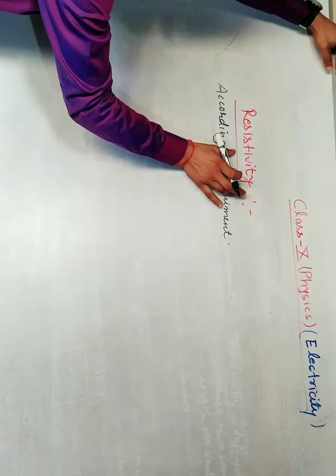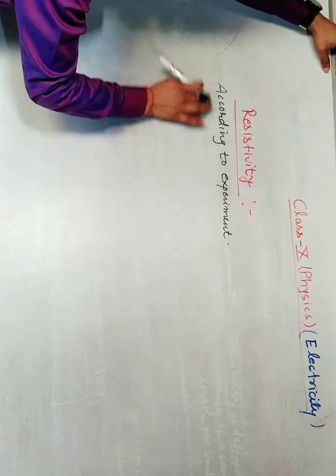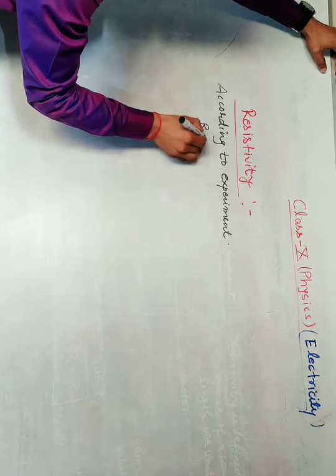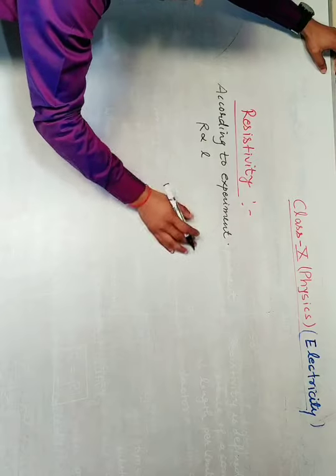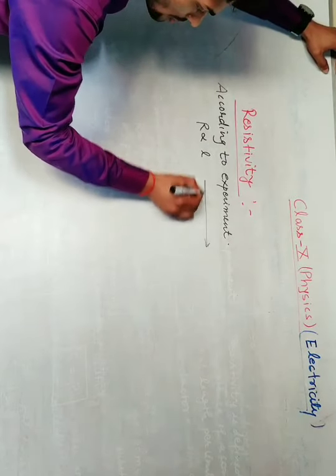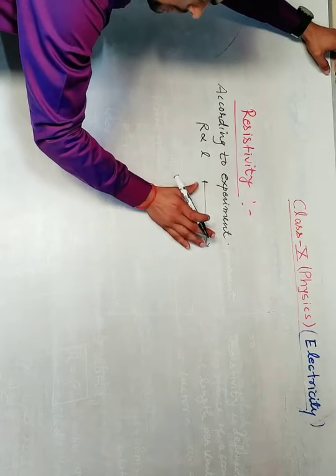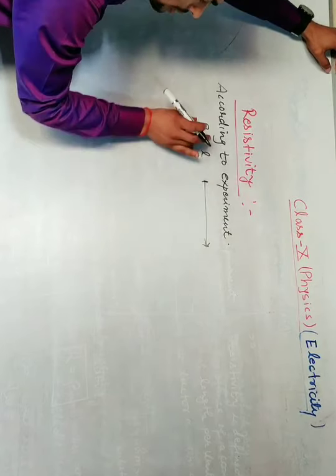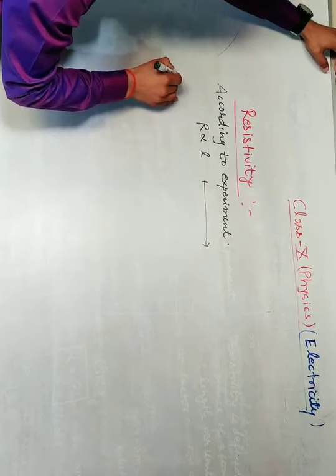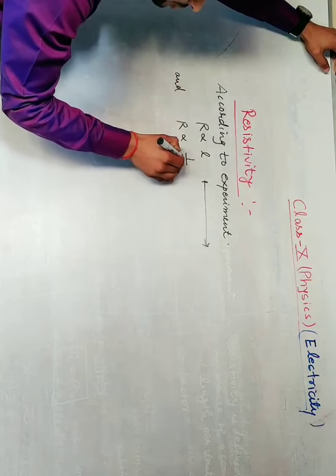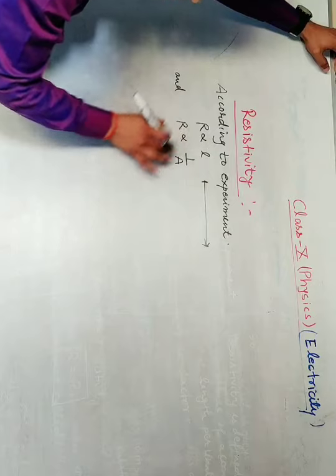Let us discuss resistivity. According to the experiment, resistance R is directly proportional to the length of the conductor. This is a conducting wire, and if we increase the length of the conductor, then resistance also increases.